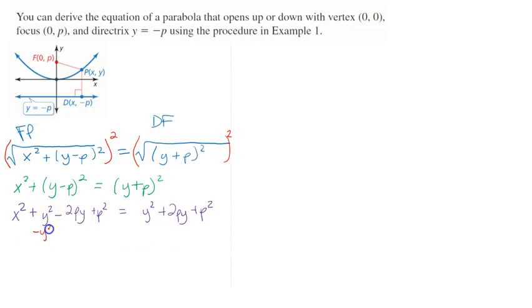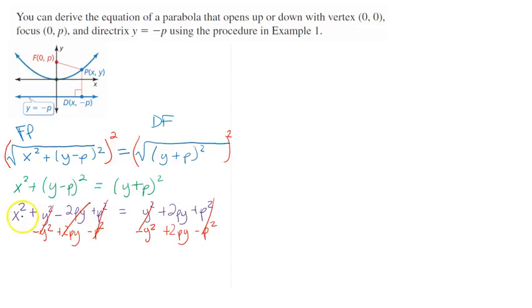If we subtract y squared from both sides, they basically just kill each other. If we subtract p squared from both sides of the equal sign, they kill each other. And then if we add 2py to both sides, these ones would kill each other, but these ones are not opposites, so they would add up together.